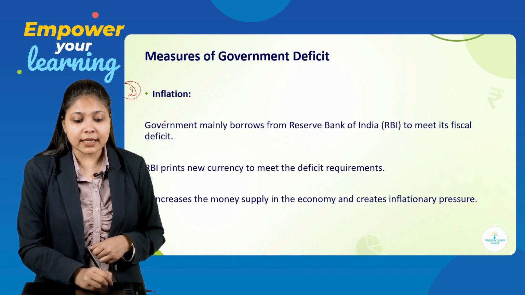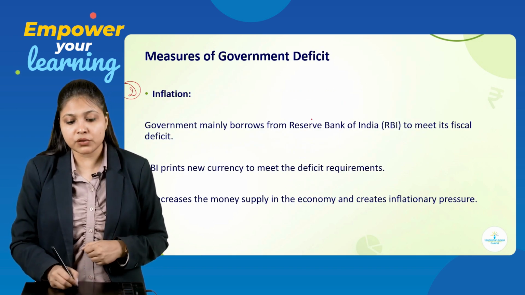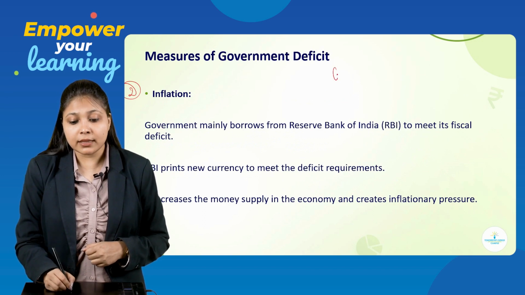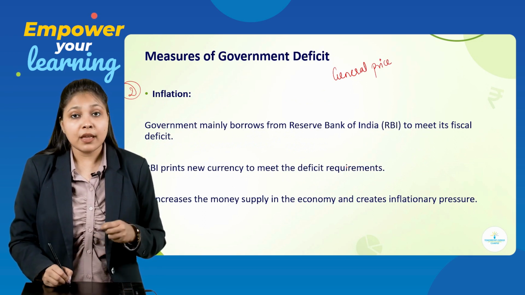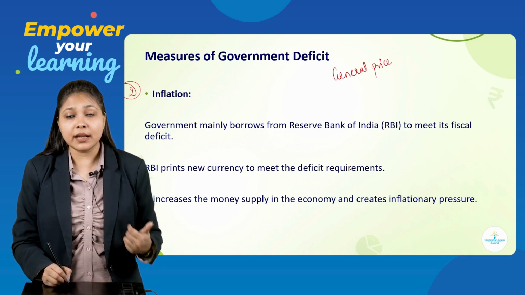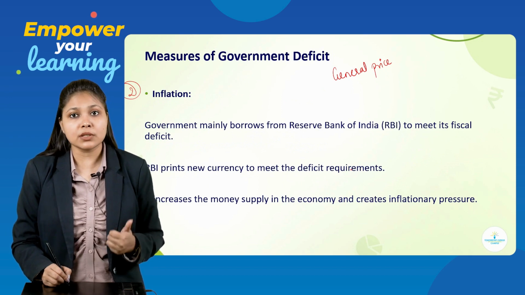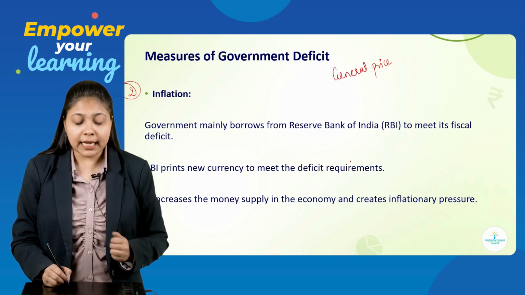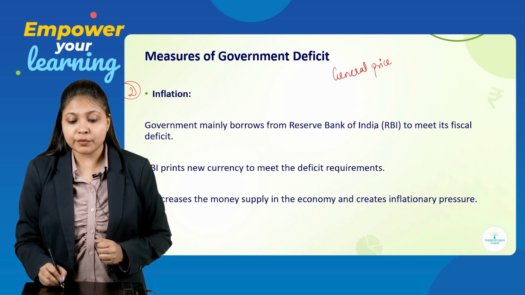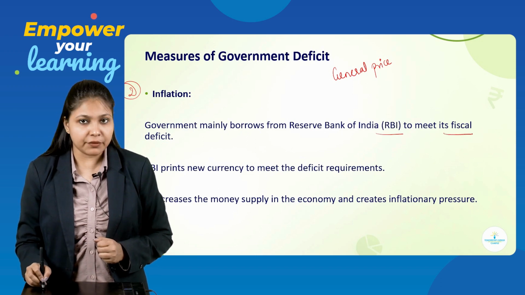Next thing is inflation. We know what inflation is. Inflation is nothing but an increase in the general price level of all goods and services. Whenever this happens, the economy goes into a situation of inflation. The government mainly borrows from the RBI to meet its fiscal deficit.